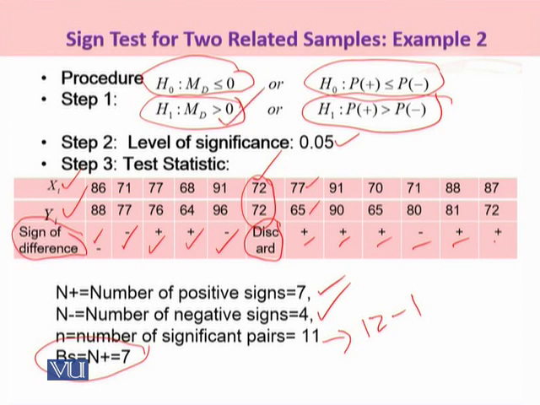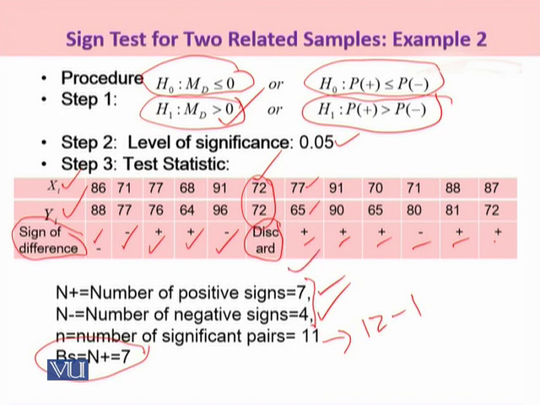That means more positive signs are expected if the hypothesis is true. If you consider your signs, you can see that we were expecting under the alternative hypothesis more positive signs, and the sample data has more positive signs, equal to 7.